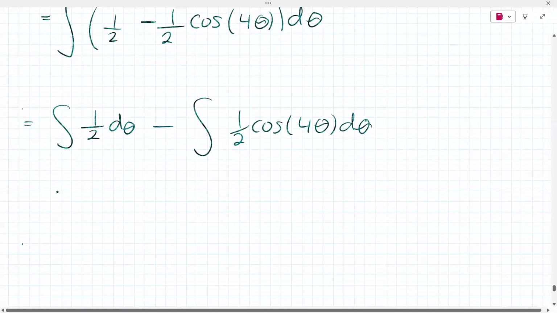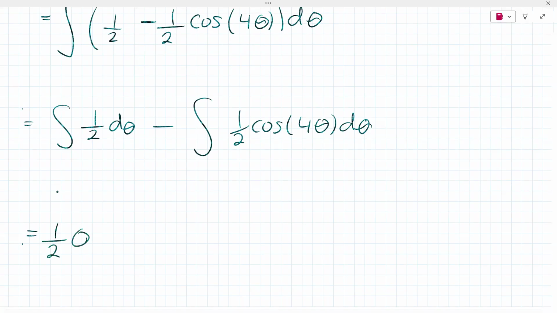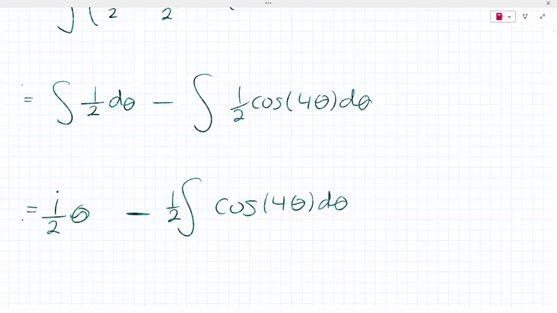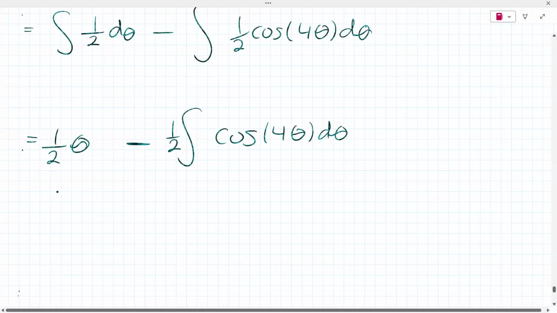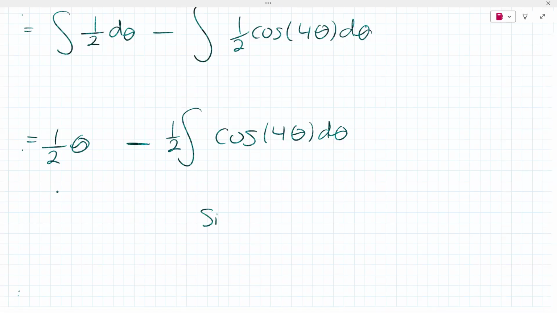And what else can we do? The integration of 1/2 d theta is 1/2 theta minus, this is a constant, so you could take that out. And okay, so what do we know about how to take the integration of cosine 4 theta? It's sine of 4 theta divided by the derivative of 4 theta. So what's the derivative of 4 theta? 4.